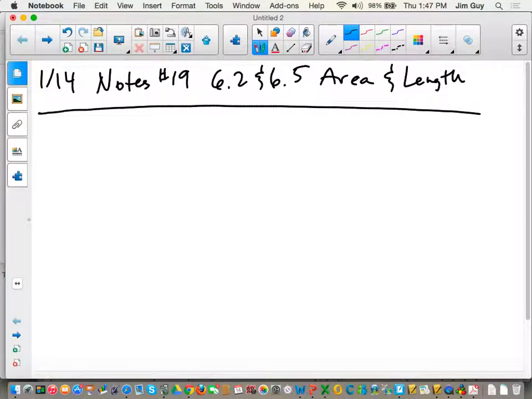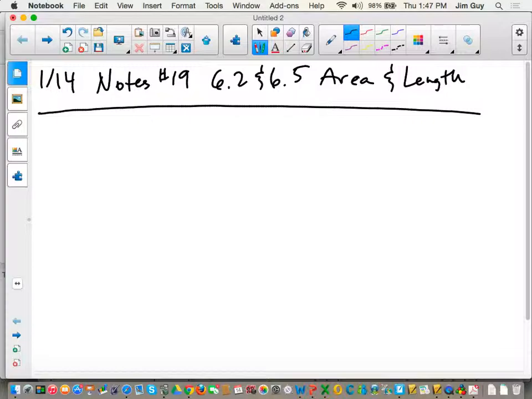Okay, so we have two sections today we're going to cover, 6.2 and 6.5. The first one, 6.2, is on area. We spent time calculating area underneath one curve. Now we're going to find area between two curves or more. And then the second one is on arc length.